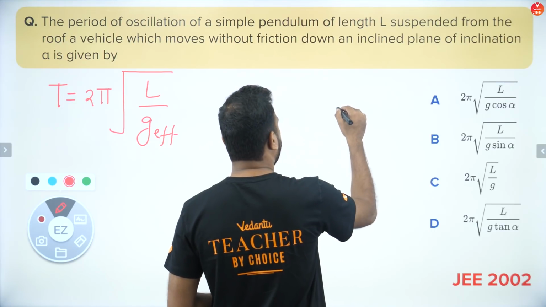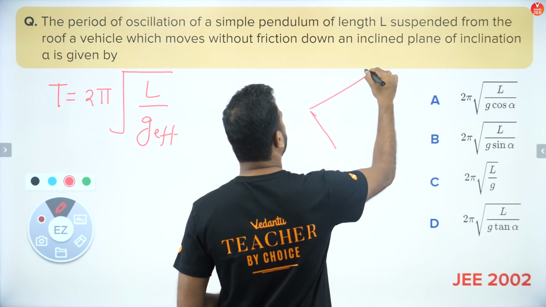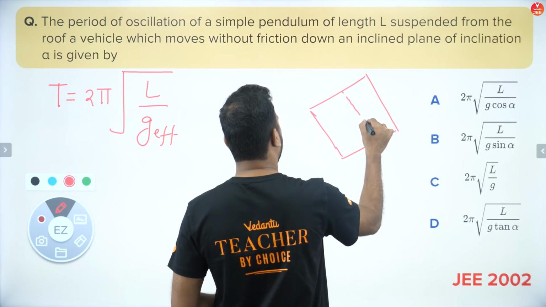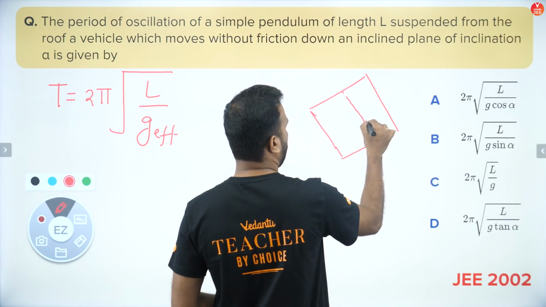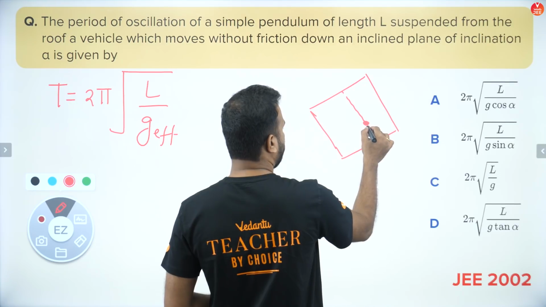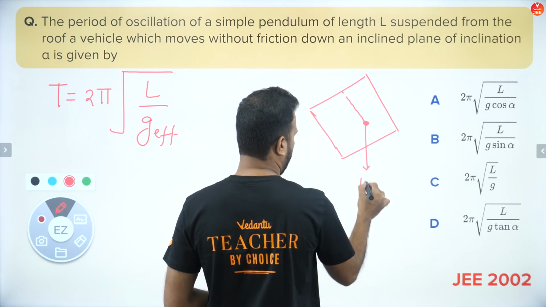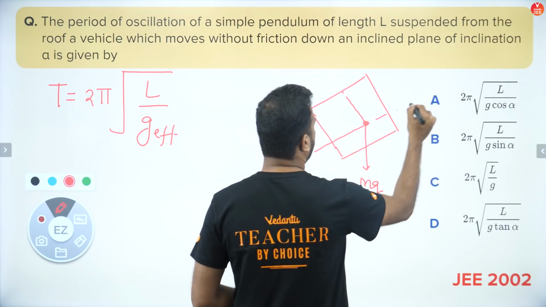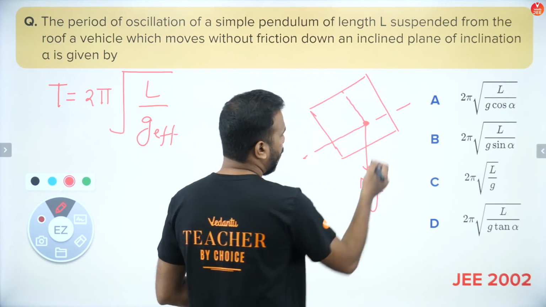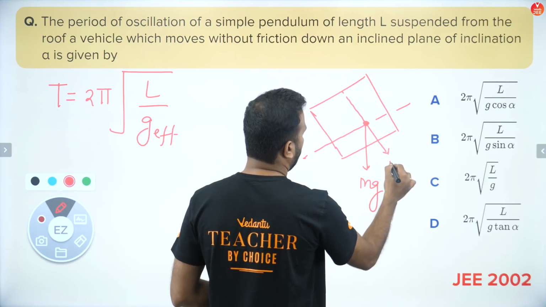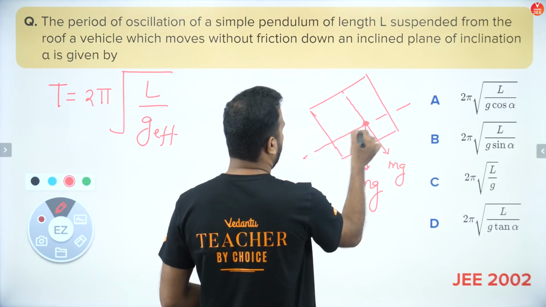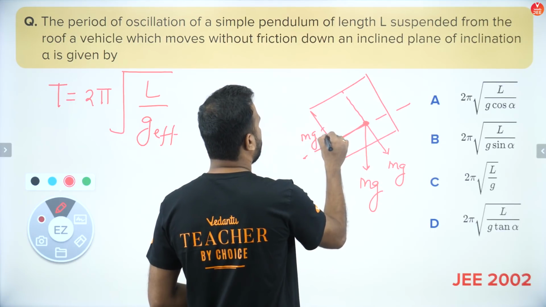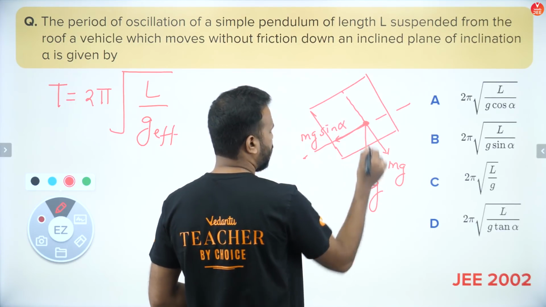Inside this vehicle, your pendulum basically goes in this position, such that it is experiencing a force mg on the inclined plane, and along this line, if you try to resolve this, you know that this force will be mg and this force is going to be mg sine theta, in fact mg sine alpha.